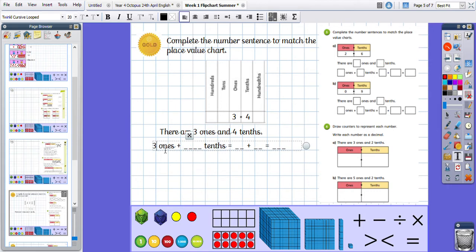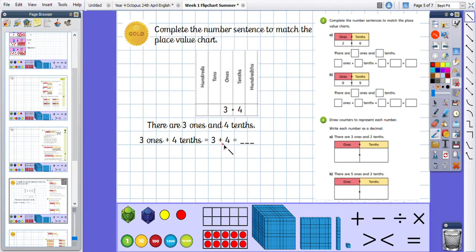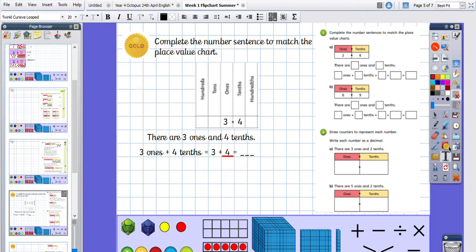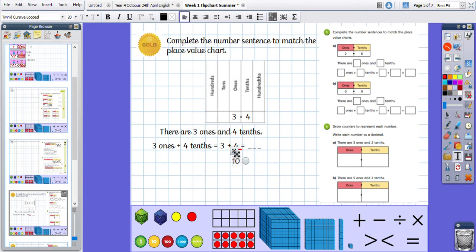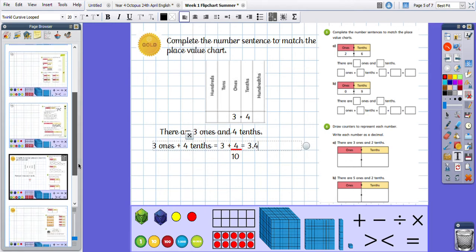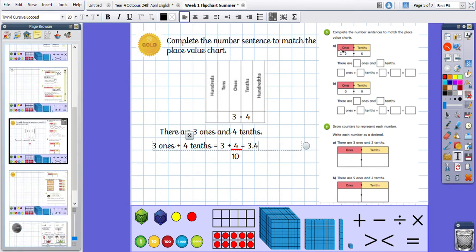So 3 ones add 4 tenths is the same as 3 add 4 tenths, which makes 3.4. So have a go at question 5 for me, A and B.